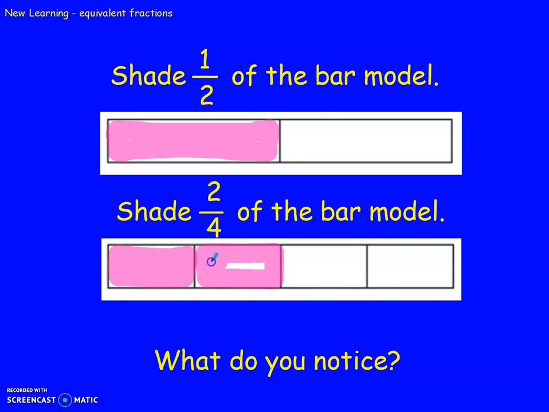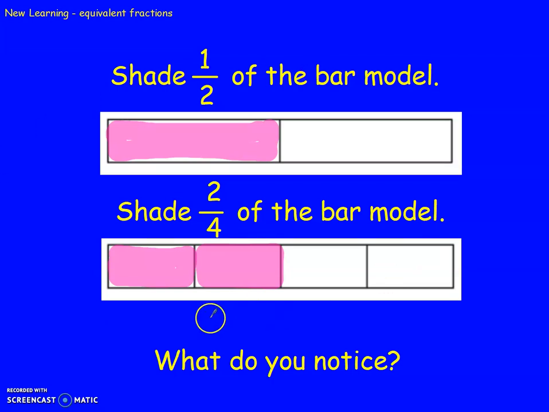Now I want you to have a look at both of the bar models and tell me what you notice. Have a little think. What is the same about these bar models? If you look at them, they both have the same amount shaded.